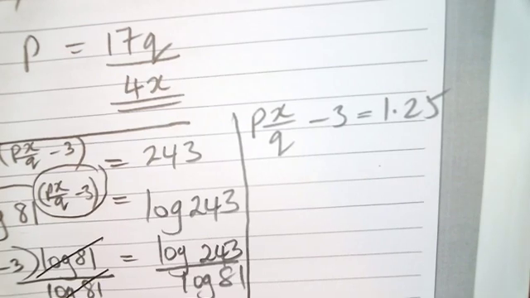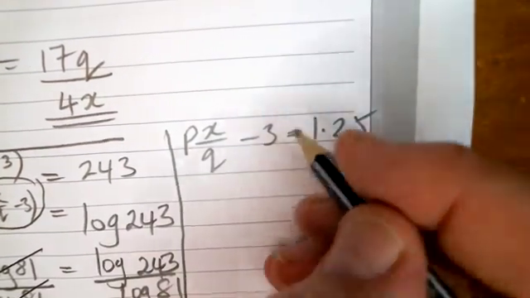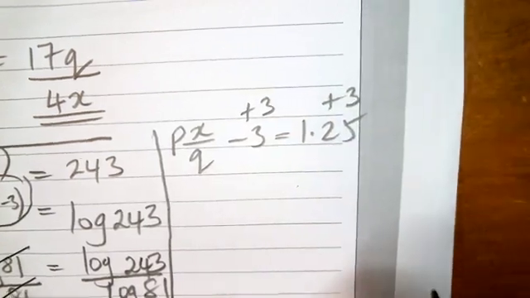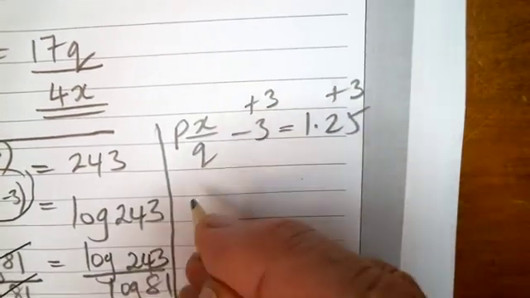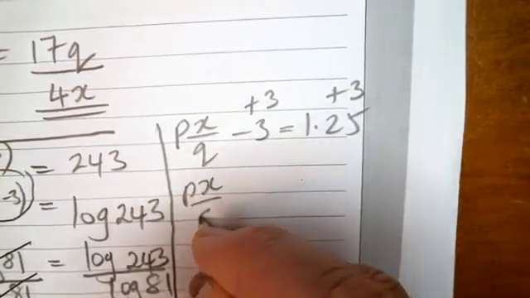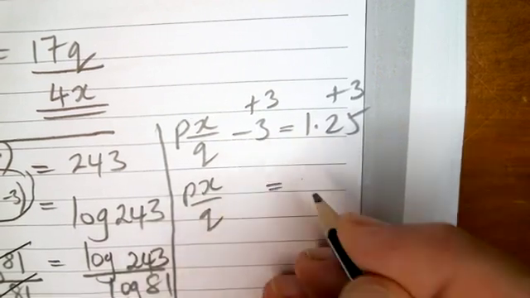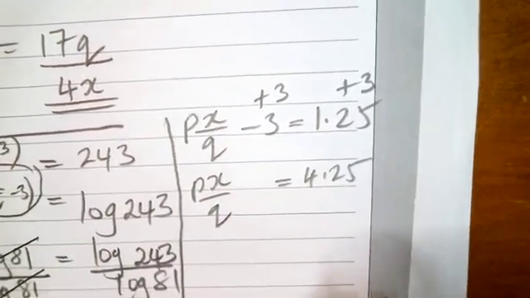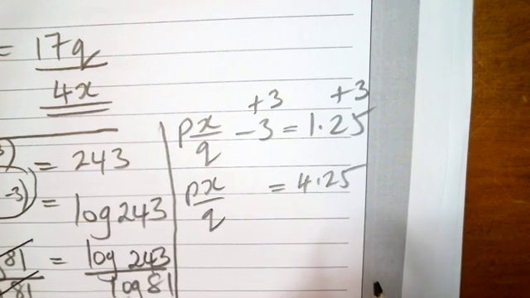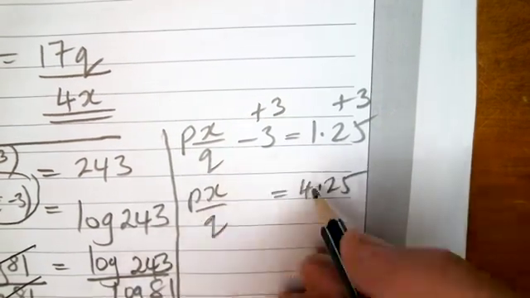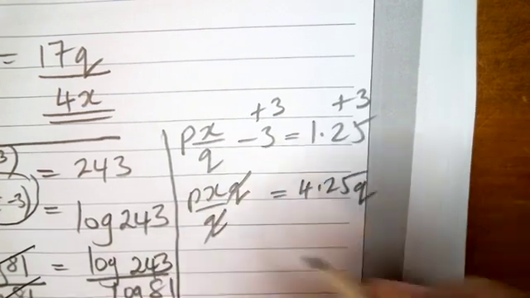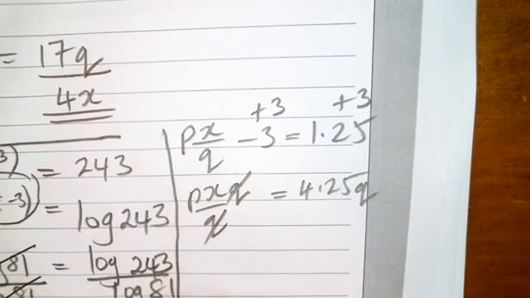Let's have a look at that now. So I'm going to add 3 to both sides. So now I've got px on q is equal to 4.25. And what did I want the subject to be? I want p the subject. So I'm going to multiply both sides by q, and I'm going to divide both sides by x.